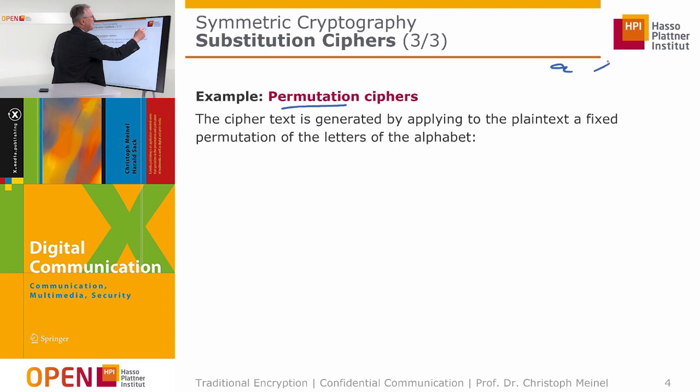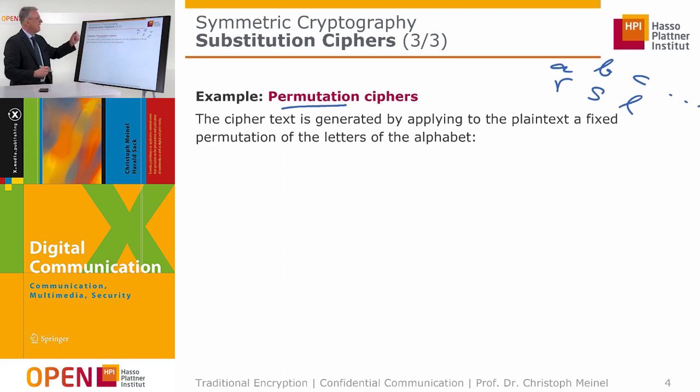So A, B, C can become R, S, L. And then we generate the ciphertext from the plain text by replacing, according to this table, the different letters by the other letters.